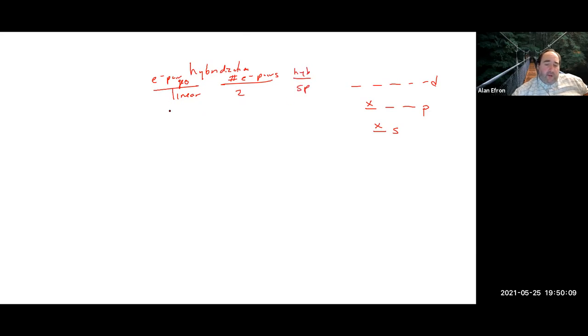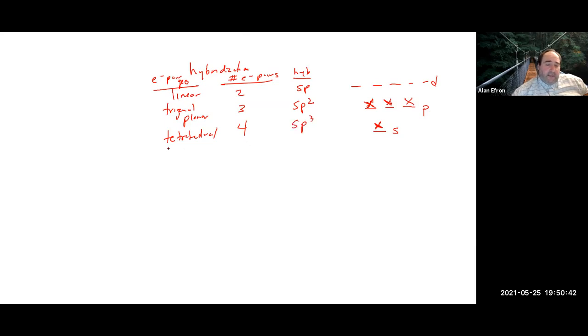When we have trigonal planar, again, this is electron pair geometry, that goes with 3 electron pairs. Doesn't matter if they're bonding or dots. And again, you could always start at the s and just count again 1, 2, and now 3. So we did an s and 2 p's, so it would be sp2. Then we get to tetrahedral, which happens with 4 electron pairs. And again, counting 1, 2, 3, and 4 gives us an s and 3 p's, so sp3.